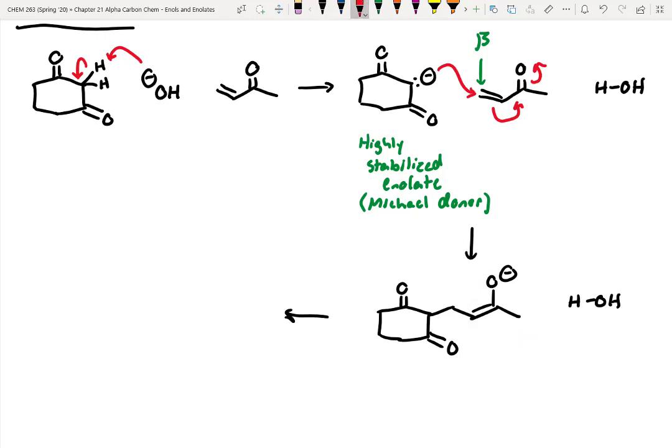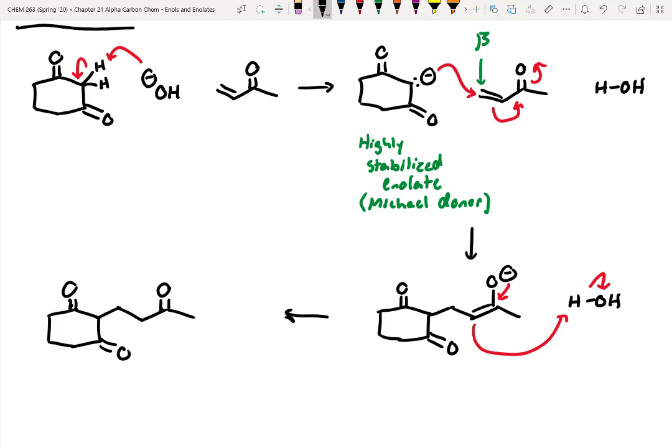It can do that fairly easily by stealing a proton back from our water. All right, so now we've got our Michael addition product. And during this reaction, we've regenerated hydroxide too.